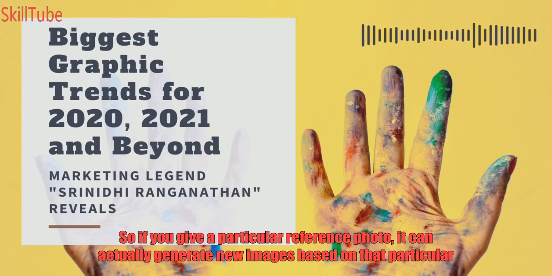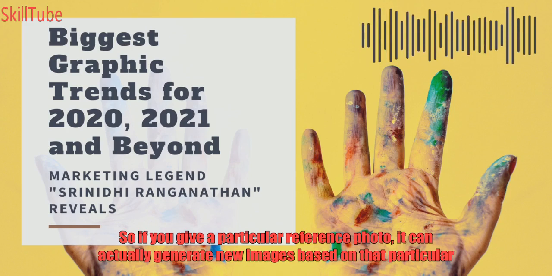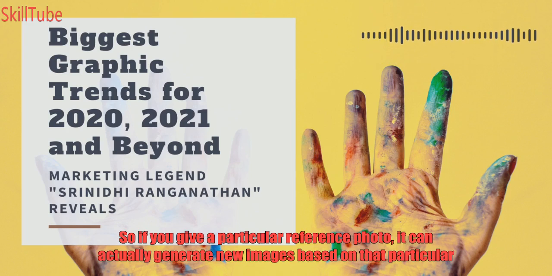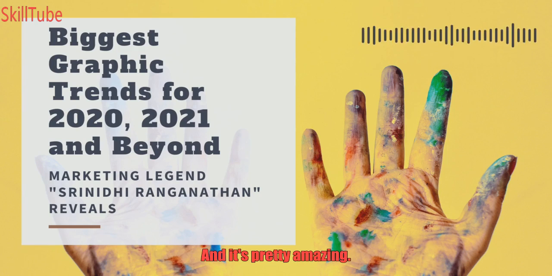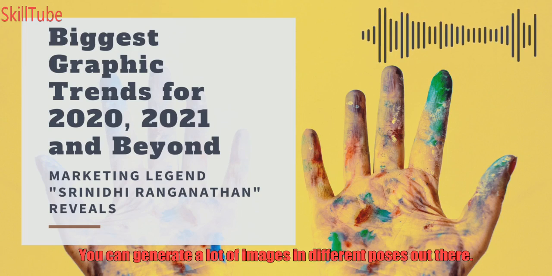So if you give a particular reference photo, it can actually generate new images based on that photo, and it can even create unique light conditions on your photos. And it's pretty amazing. It can generate a lot of images in different poses.